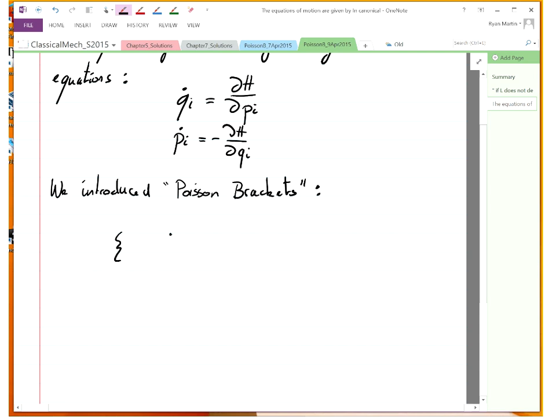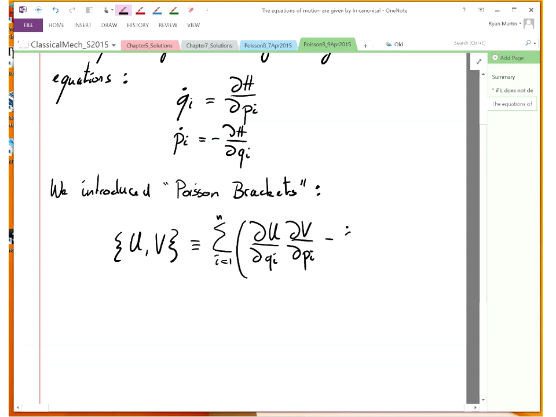So the Poisson bracket between two functions u and v is defined to be the sum over the number of degrees of freedom, so i equals 1 to n, and the way you do it, you go ∂u/∂qi times ∂v/∂pi, minus ∂v/∂qi times ∂u/∂pi.